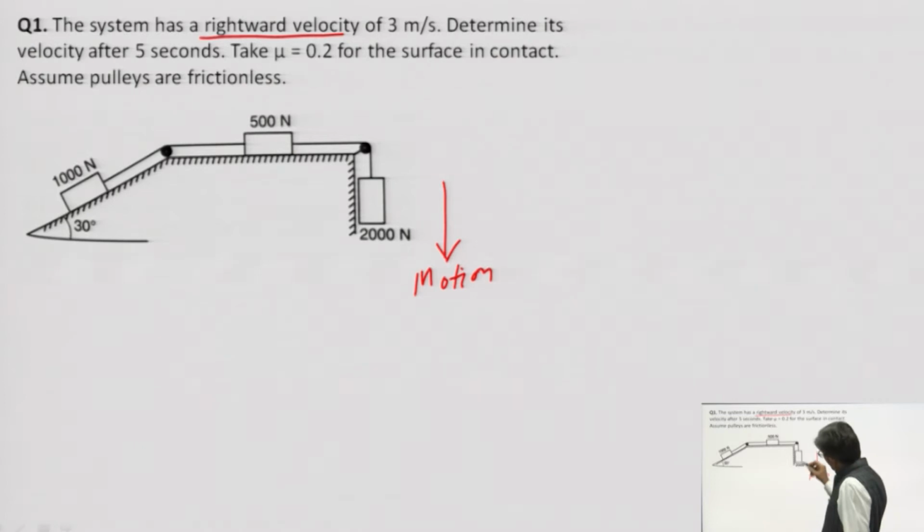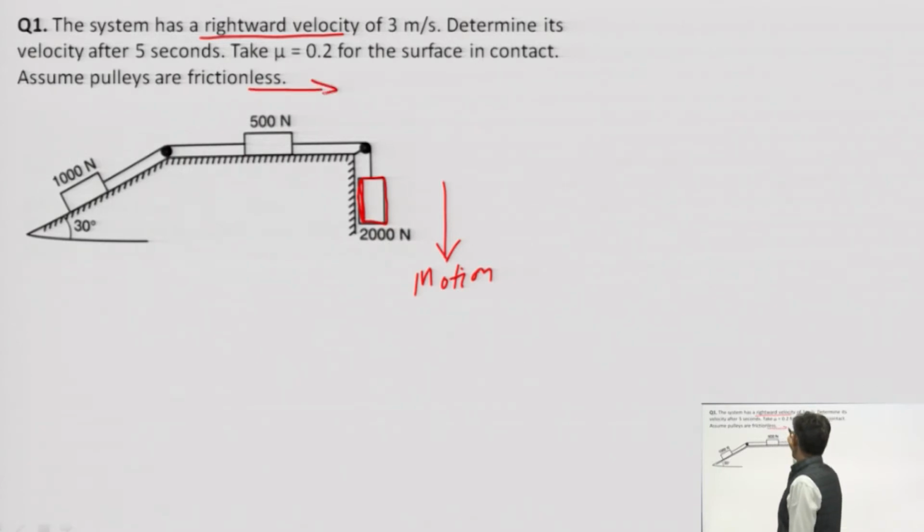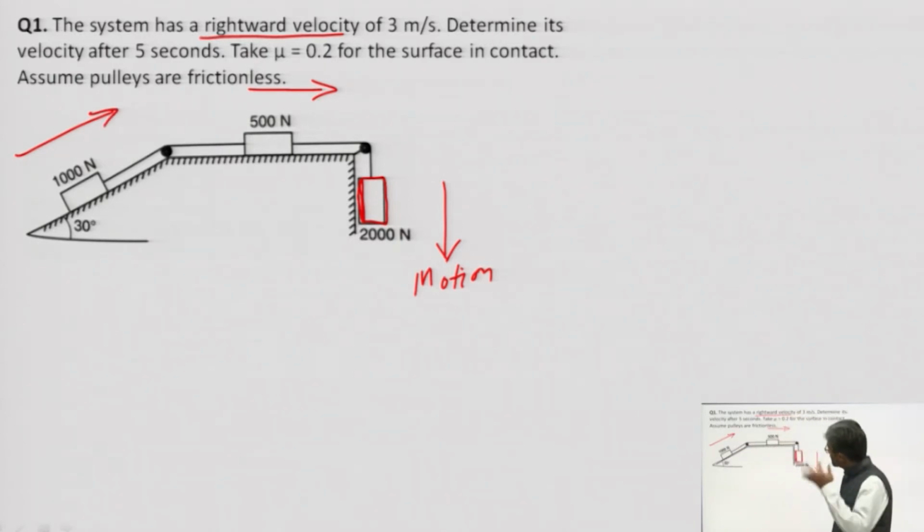Look here, this one block is not touching the vertical surface, and this one block is not touching the horizontal surface. So, this is the direction of motion, and this is the direction of motion.